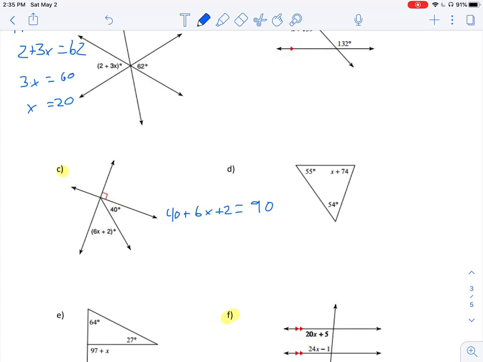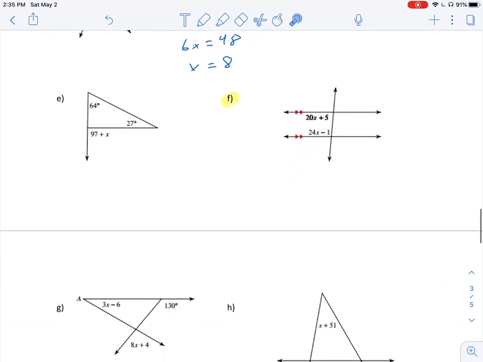Now I can go ahead and solve for my variable. So I have 6x plus 2 equals 50. 6x equals 48. My x value ends up being 8, right? So just identifying, okay, what can I do with the piece of information that I'm given? Set up the equation that I can use based on the theorems, and then go ahead and solve for the variable.